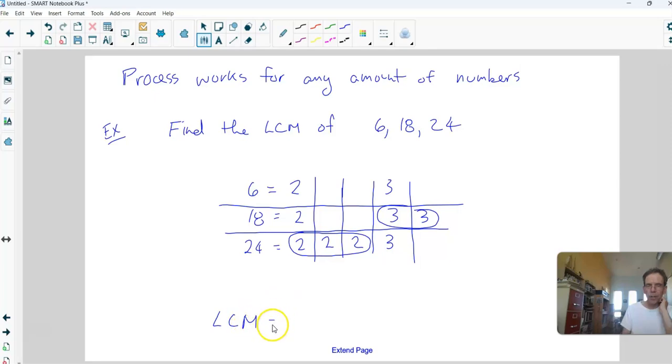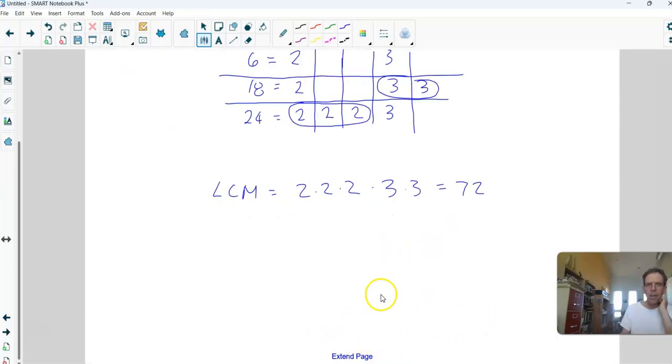The LCM is the product of everything in the circles. What do we got here? 8 times 9, that's 72. So all these numbers, 6 and 18 and 24, they all divide into 72.